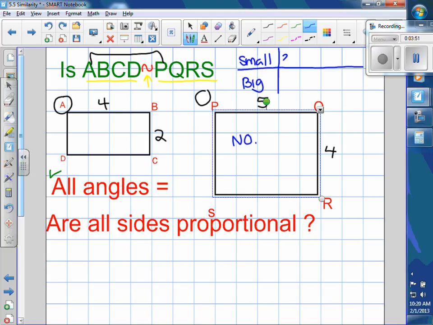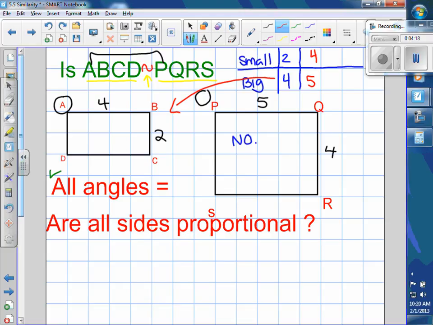Like the small short side is 2, and the big short side is 4. And that's in this first figure here, right? But the small long side is 4, and the big long side is 5, right?